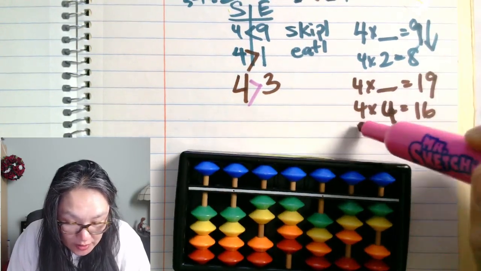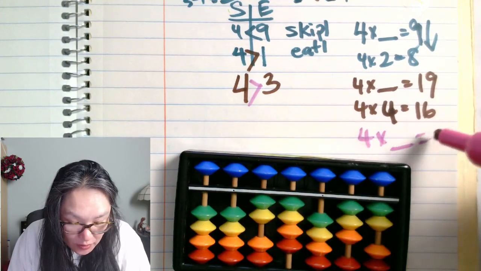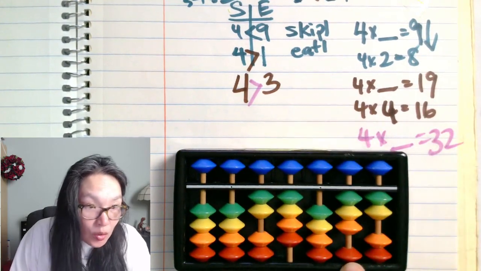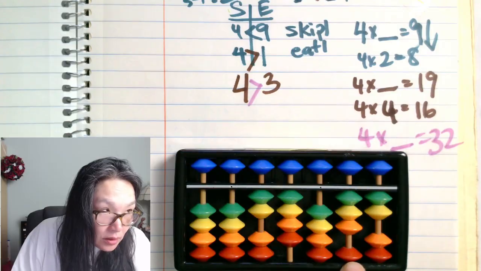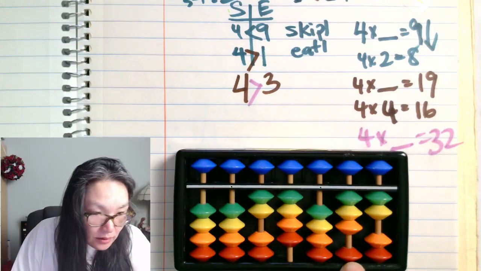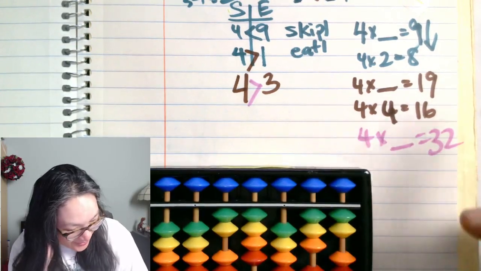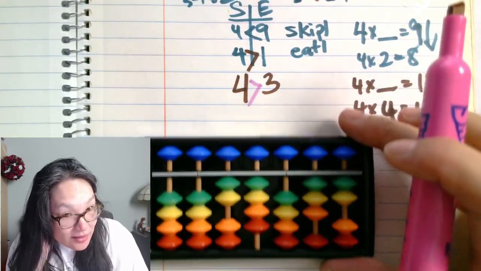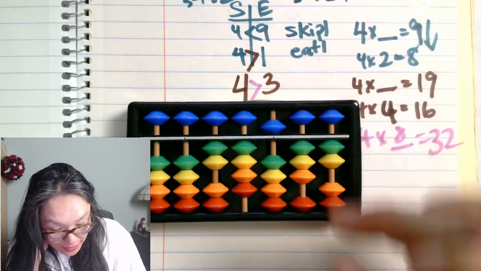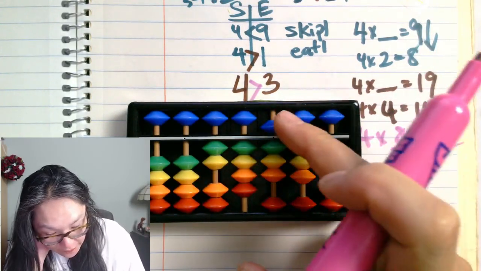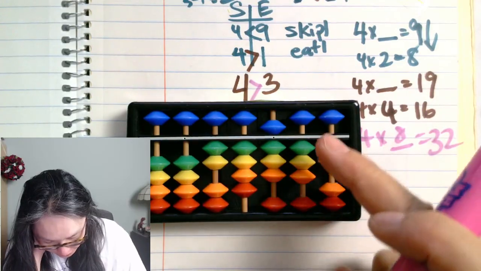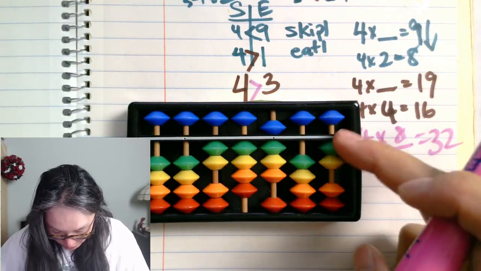So the question is 4 times what is equal to 32 or less? 8, right? Is it 8? I think it's 8. So we're going to add 8. My answer is 8, so I'm going to put 8. 5, 6, 7, 8. Take away 30, and then take away 2.